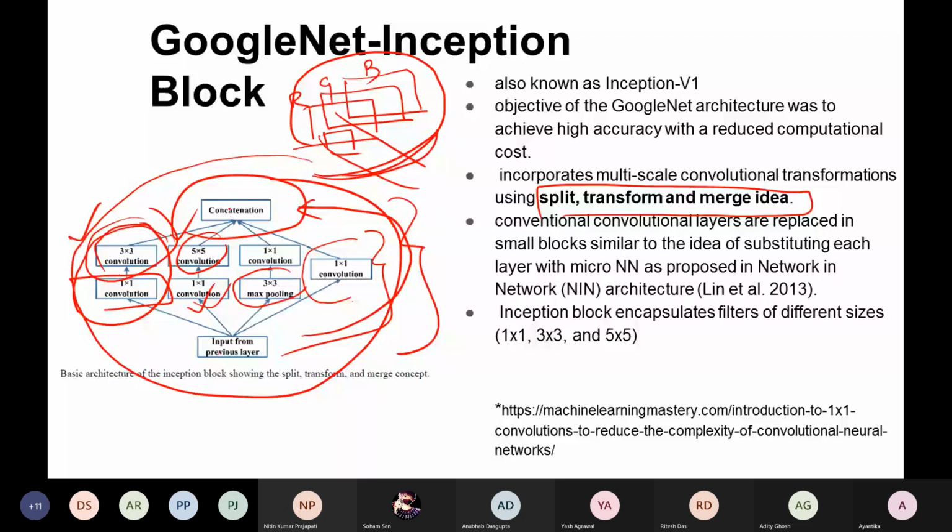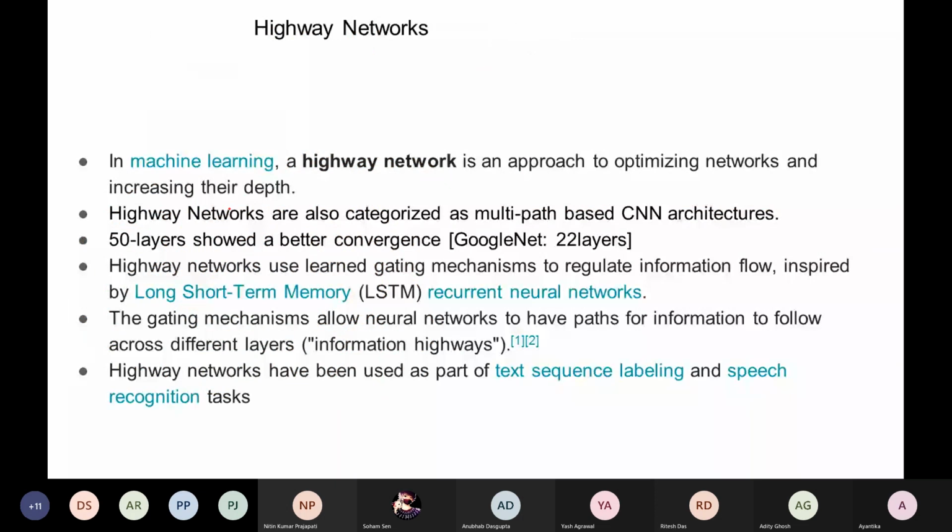Basically, here we will discuss the highway network after this, where we will see that there will be specific strategies incorporated so that we can at least handle 50 layers with better convergence, whereas in GoogleNet we are actually working with some 22 layers. So there is a difference.